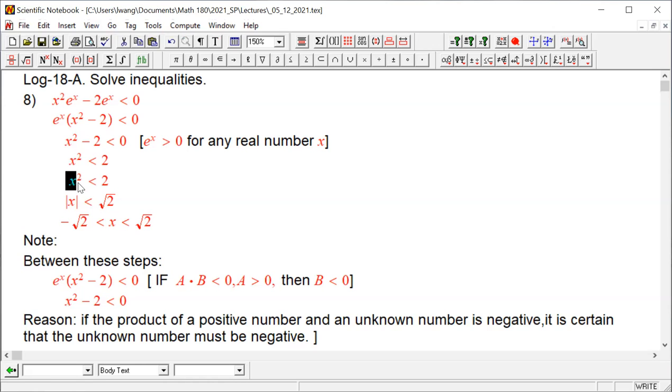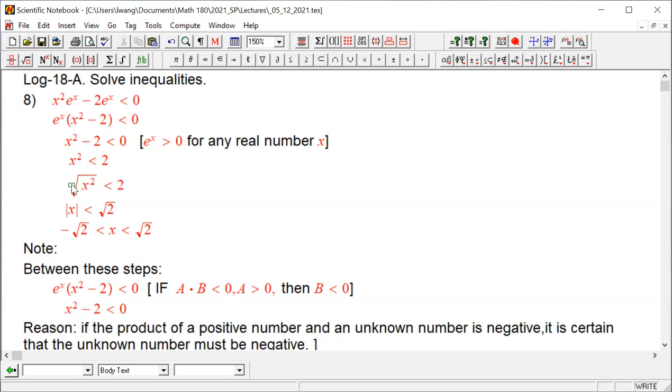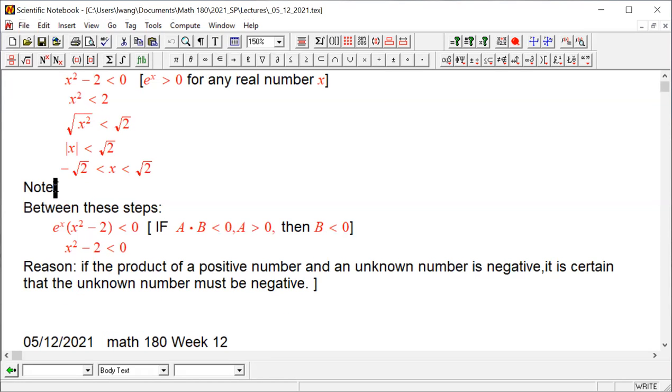You can skip that step, because we have done it so many times. So the absolute value of x is less than √2. And of course, that's an inequality, so x must be between negative √2 and positive √2. Okay, so that's note 1.